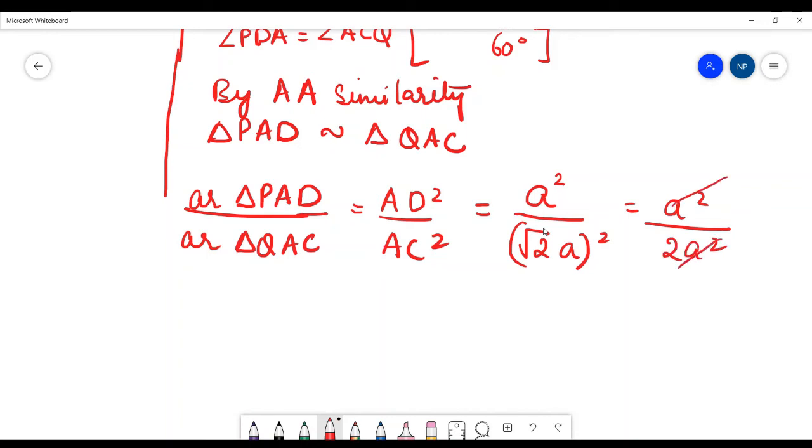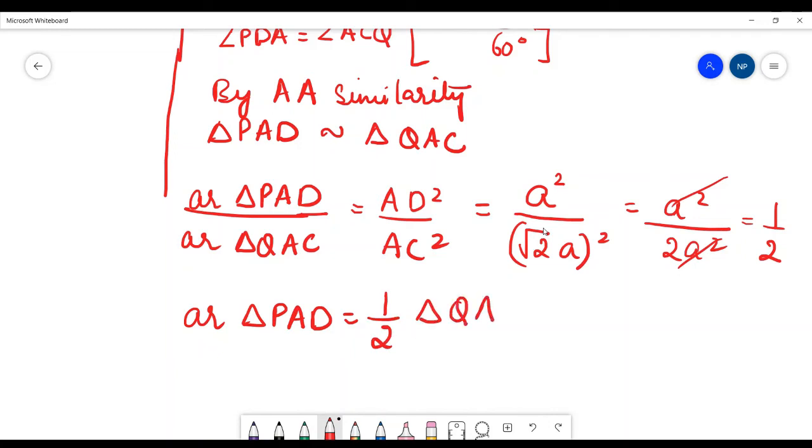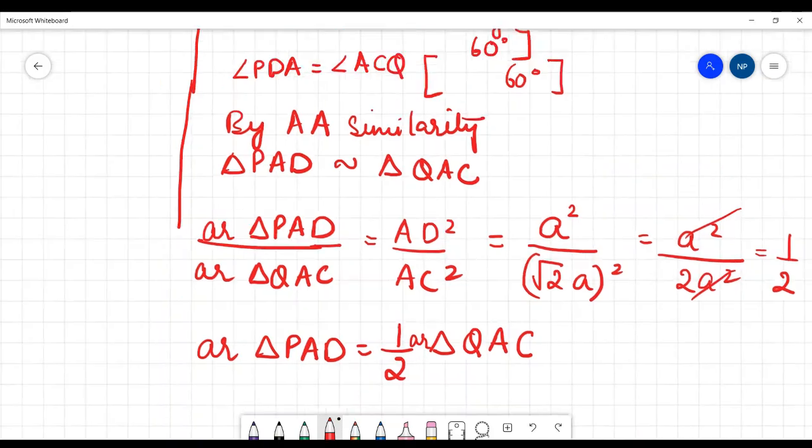A square gets cancelled. We have 1 by 2. So from here we prove that area of triangle PAD is, bringing area of triangle QAC to RHS, half of area of triangle QAC. Hence proved. Is that clear, children?